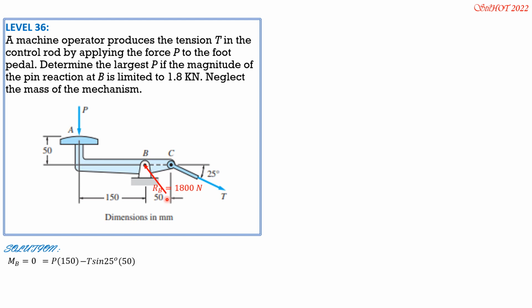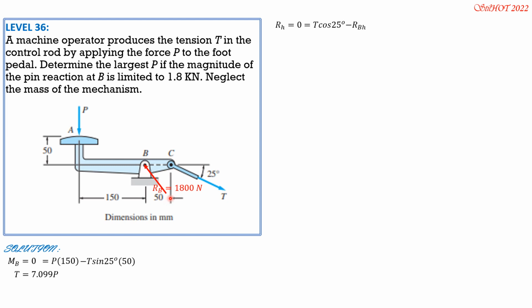So from here, we can express the tension in terms of P. 150 divided by 50 sine 25. So tension is 7.099 P. Then summation of horizontal forces equals 0. The horizontal component of the resultant is 0. So we have T cosine 25, then minus RBH, the horizontal component of RB.